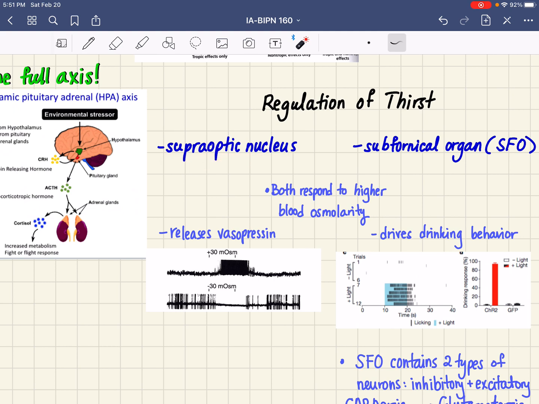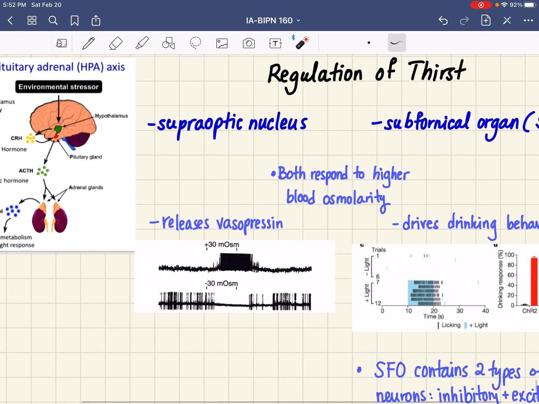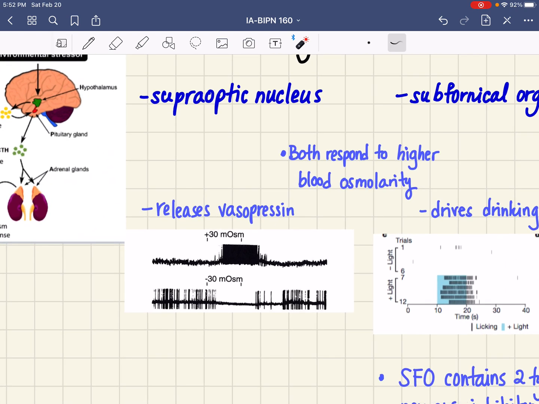And how does it become activated? The neurons in this nucleus are able to sense the high osmolarity by either shrinking or puffing up. So here, the first scenario is us having plus 30 milliosmoles. I forgot how you say it, but it's a unit of osmolarity.